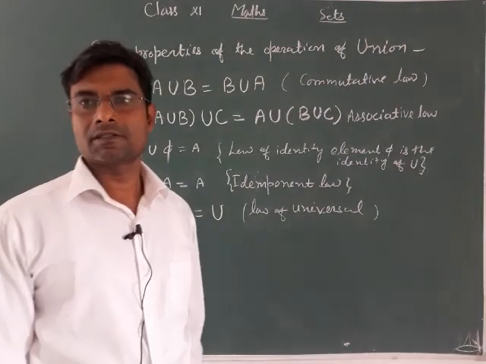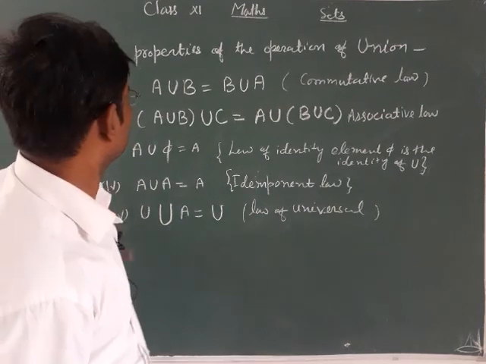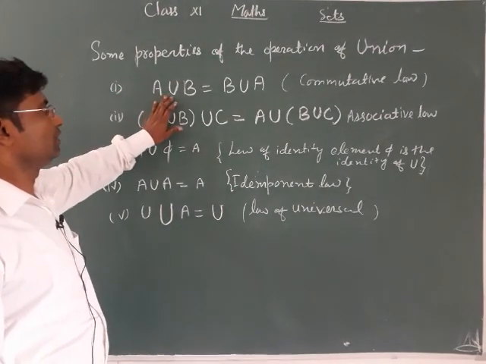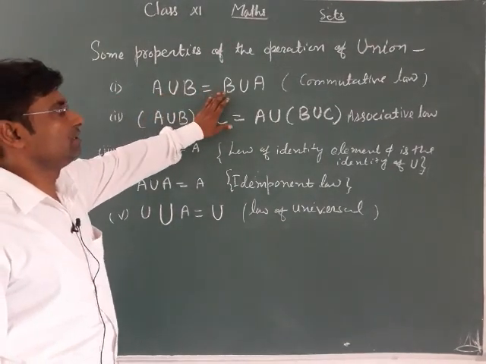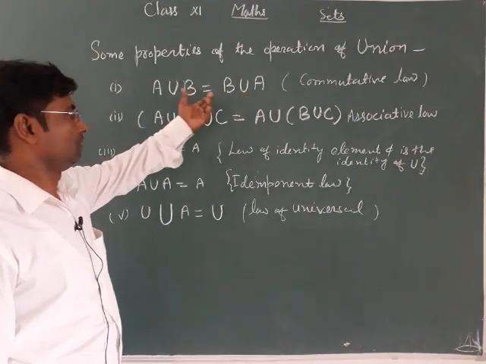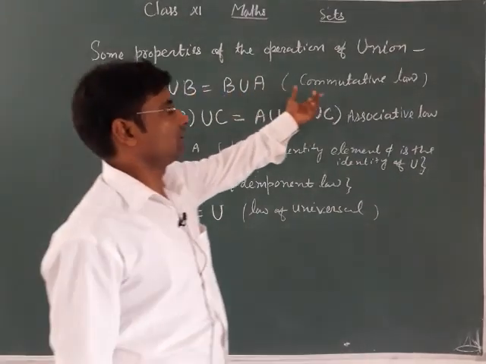Some properties of union. First, A union B is equal to B union A. These are the same; this is the commutative law.